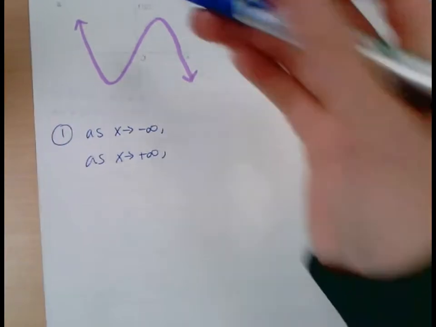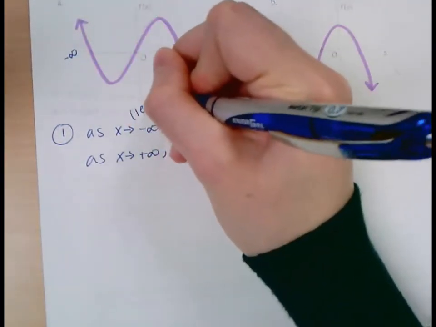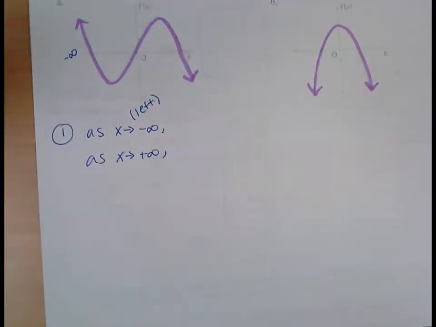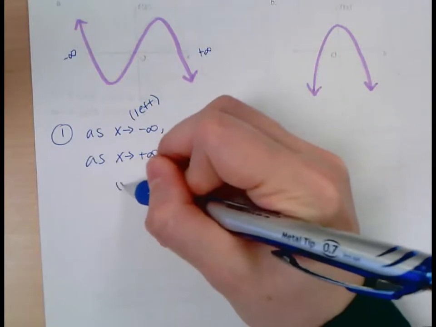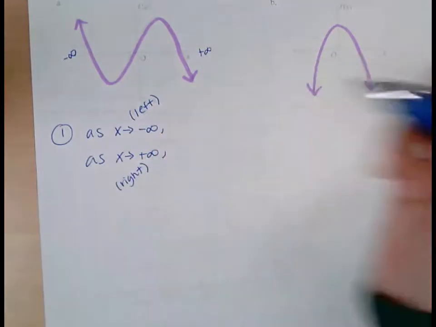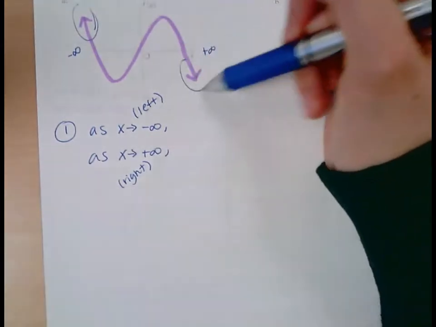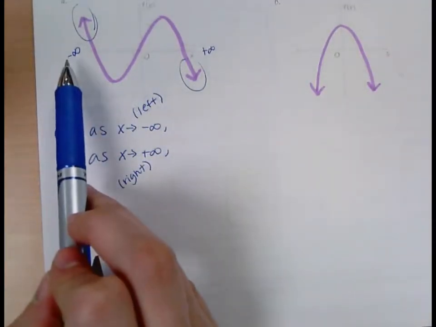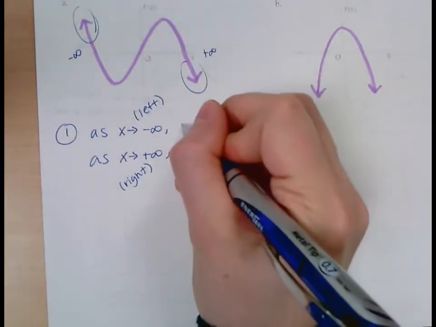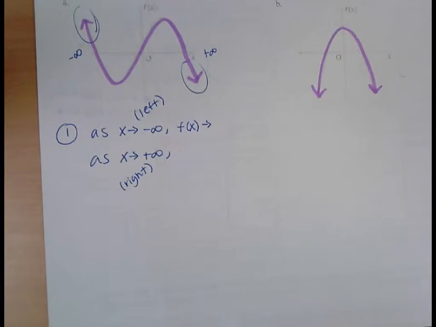When x approaches negative infinity, that is the left part of your graph. And when x approaches positive infinity, that is the right part of your graph. Okay, so we're looking at the two ends. When x approaches negative infinity, the left part of the graph, what would you say f of x is approaching? Positive infinity or negative infinity?